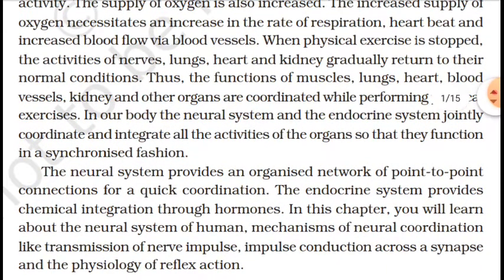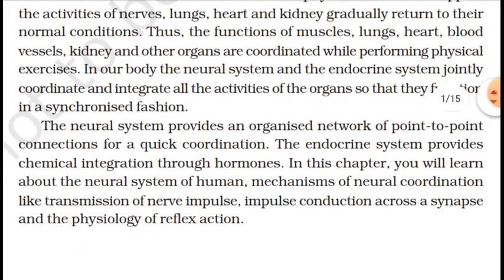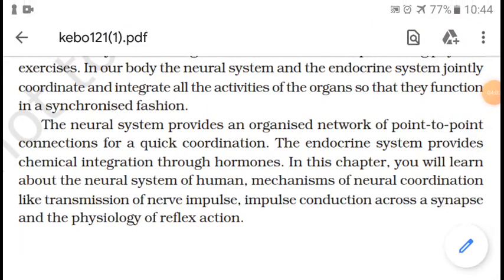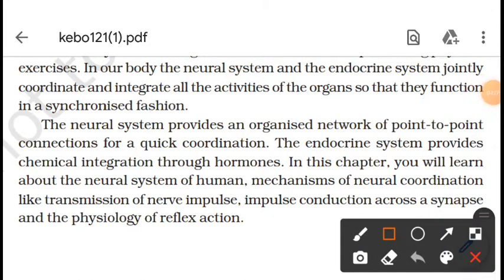One of the best examples in our body is the coordination of the neural system and the endocrine system. If we talk about our neural system, the brain and spinal cord are the main organs of the CNS, and the nerves arising from them form our neural system. If we take the example of the endocrine system, various hormones, chemicals, are released from various glands.